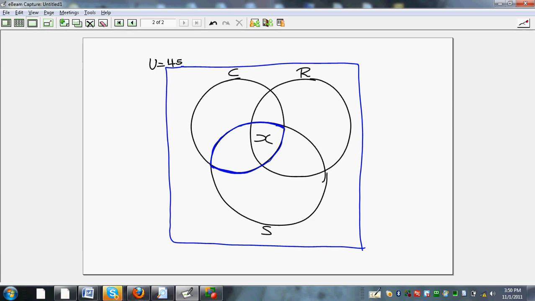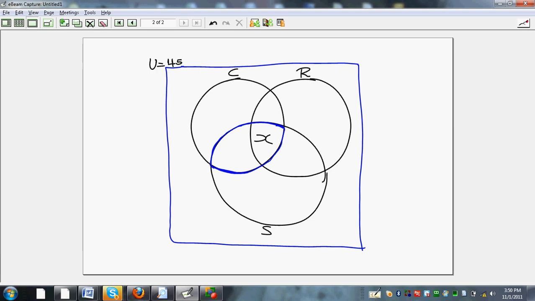And we were told that those who like calypso and soca, there were 15 students. So that means that 15 people would lie within that blue area.